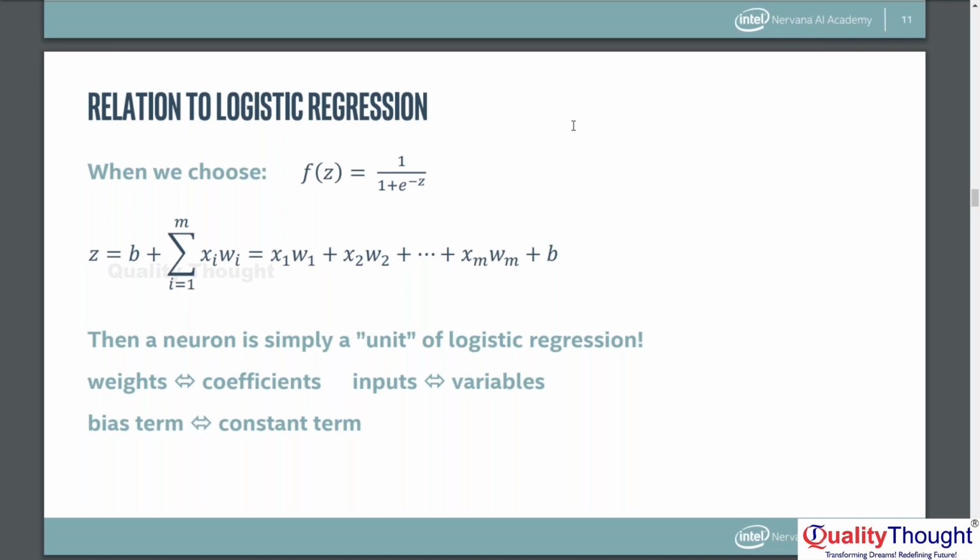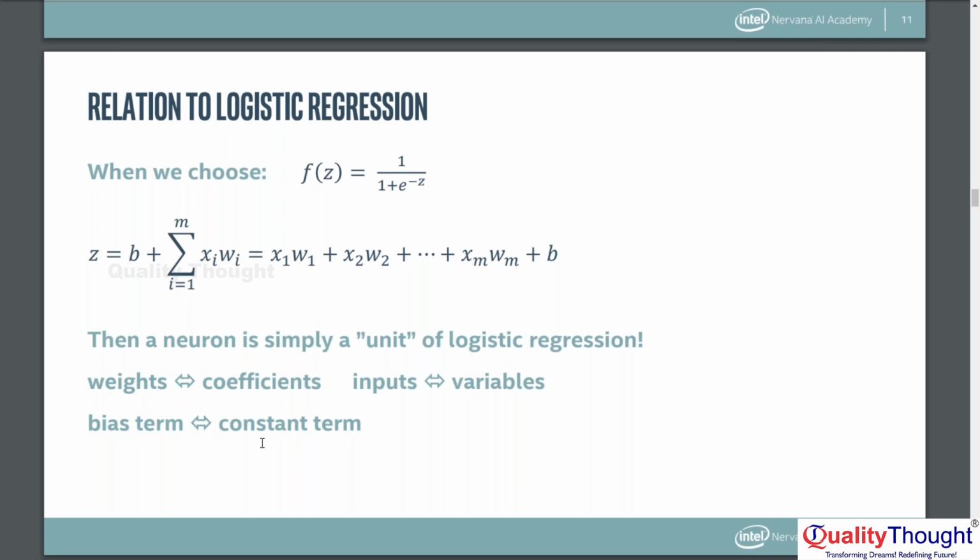Understand it, a neuron is a very small entity of logistic regression. So here we are using a neuron, which is a unit of logistic regression along with some weights and coefficients and a bias, which is going to be a constant.